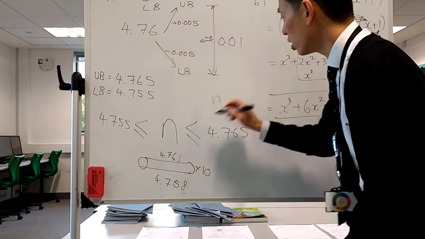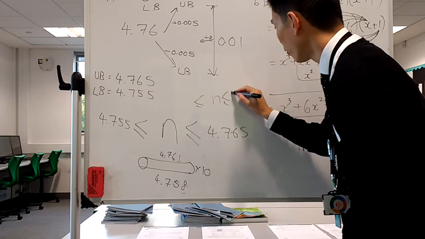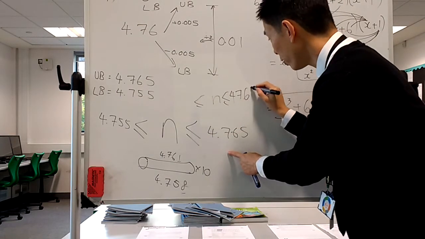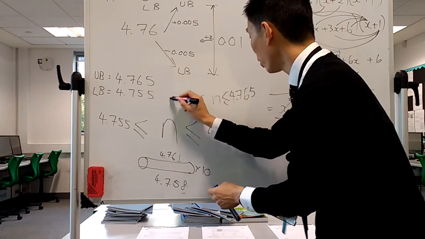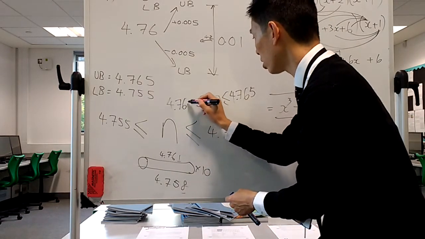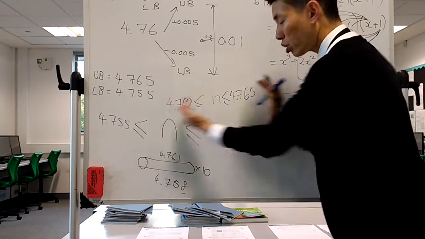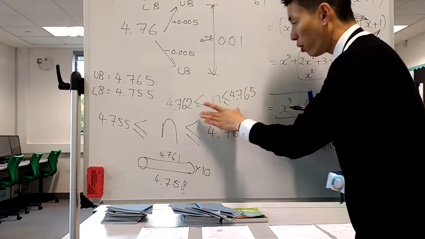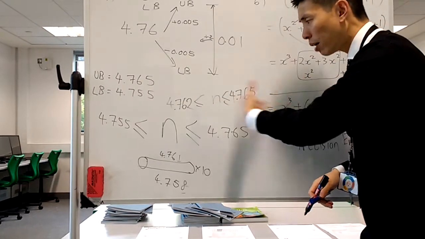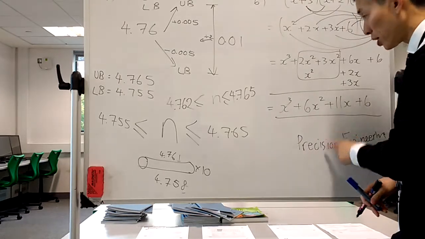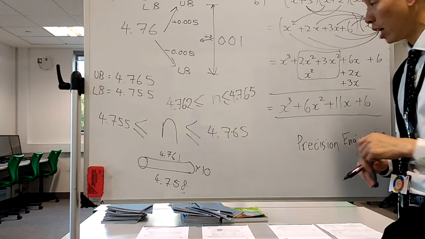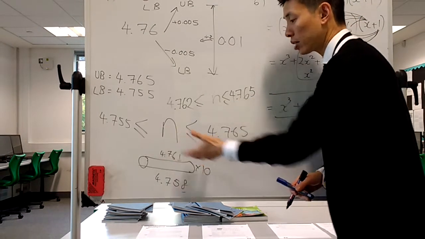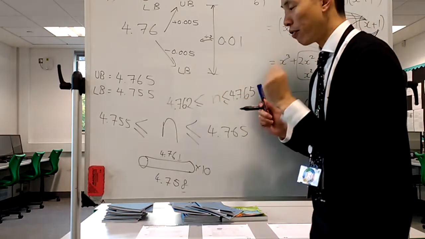For instance, it might be 4.765 and 4.762. So much smaller error. So it would provide much more precise engineering, and when the cutting is done, it will be very solid.